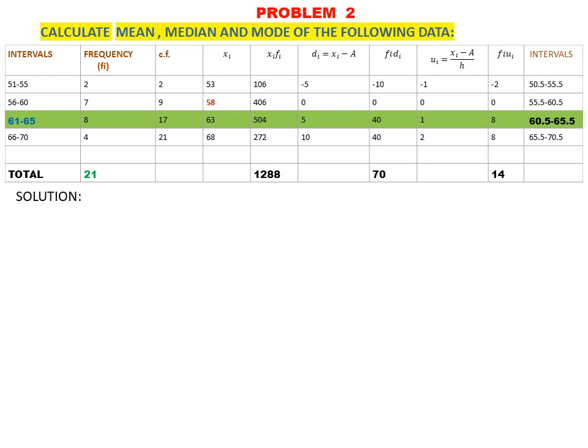So you will get 50.5 to 55.5, 55.5 to 60.5, 60.5 to 65.5 and 65.5 to 70.5. So these will be the perfect intervals.